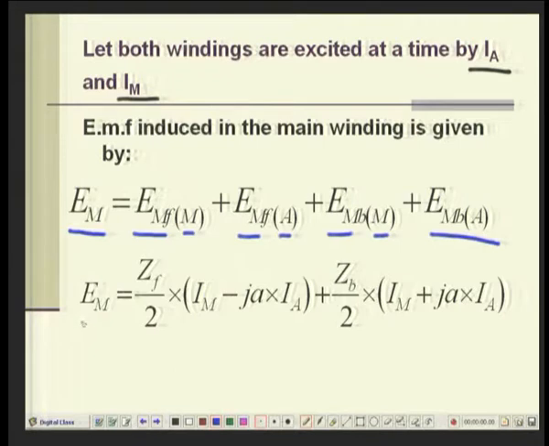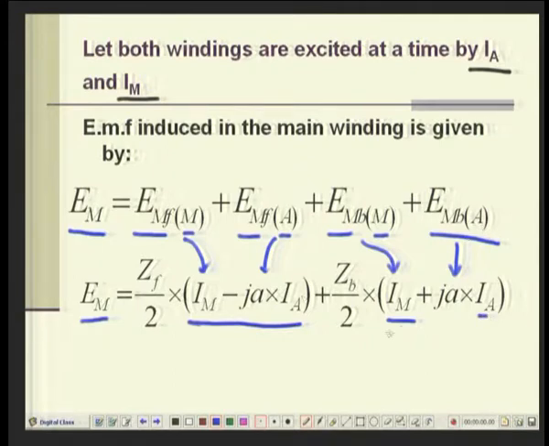Now, what is this EM? EM forward is ZF by 2 into IM, and minus jA into IA. And EM backward we have already done: ZB by 2, because these two are proportional to ZB by 2, with IM and IA.